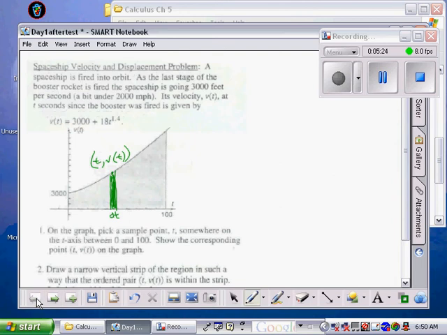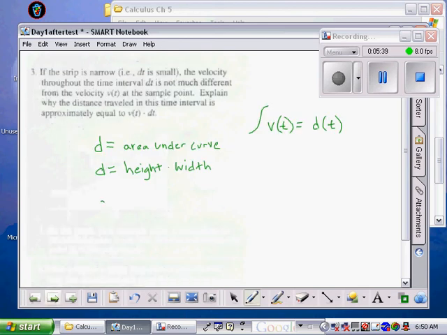Well, the height of it is whatever I get when I plug my t back into the equation. So it'd be v of t. The width is what we labeled dt. And that just matches what they asked us to show. So that's good enough there.